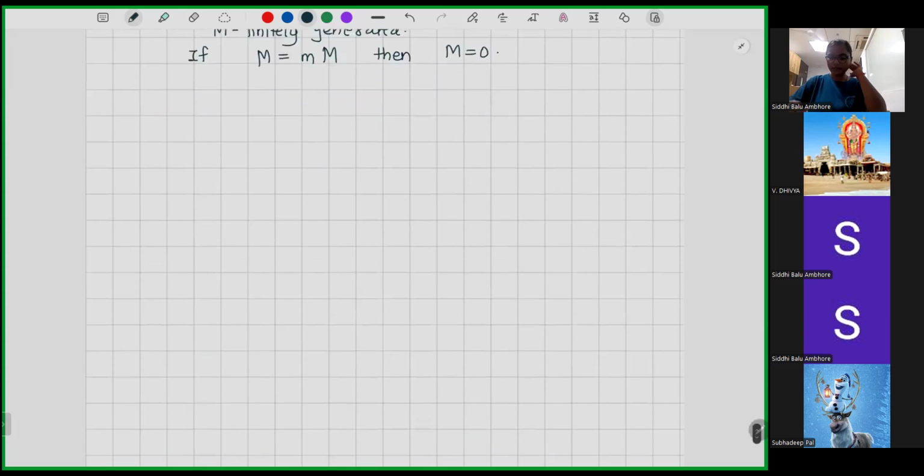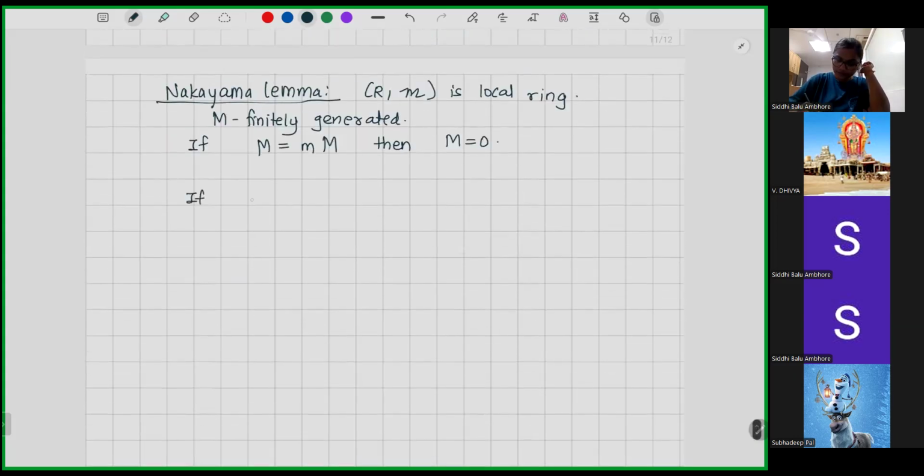So what we have is, if there exists n such that M power n is M power n plus 1, then I can look at this as M times M power n.